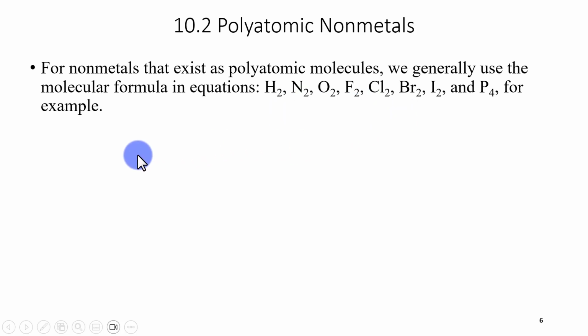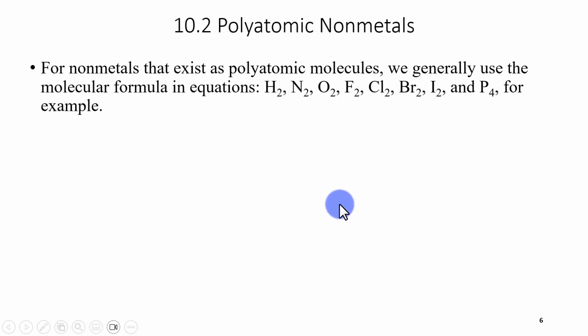When you read the words hydrogen gas, for example, reacts with oxygen gas to produce water, when we translate that from words into chemical symbols, anytime you read hydrogen or nitrogen or oxygen, etc., when we write them, they will appear as H2 or N2 or O2, not H plus O gives you water.